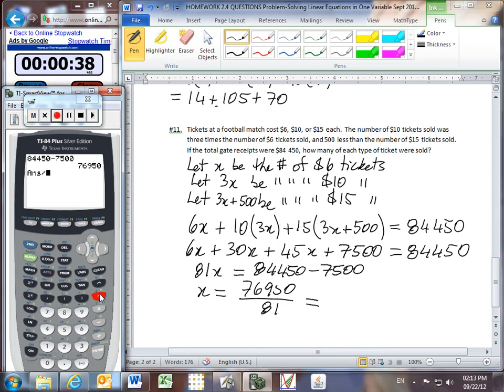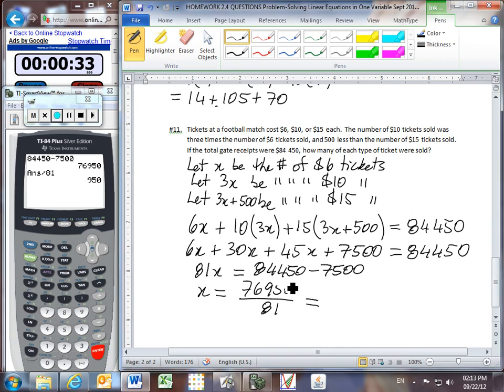So let's divide that amount by 81, and we see that we've got 950 tickets worth $6 each.